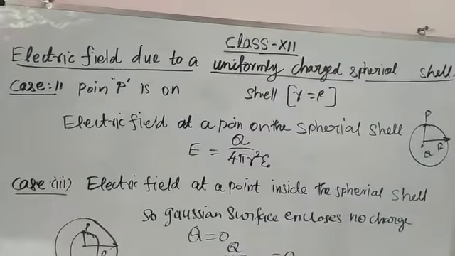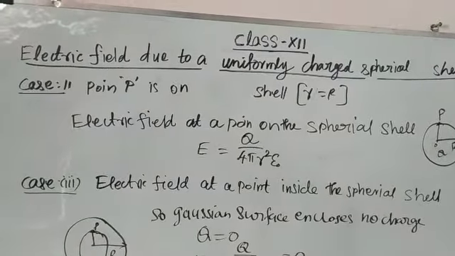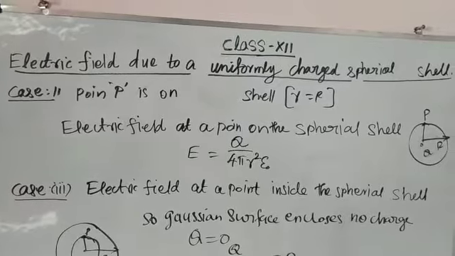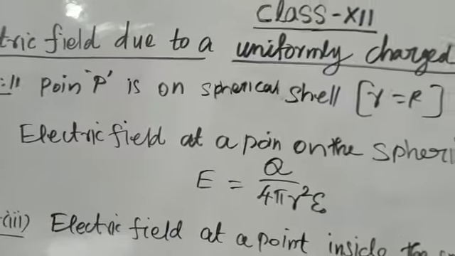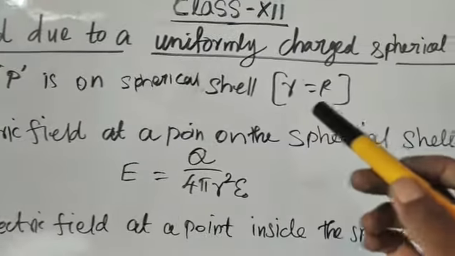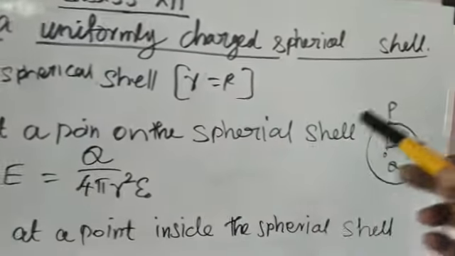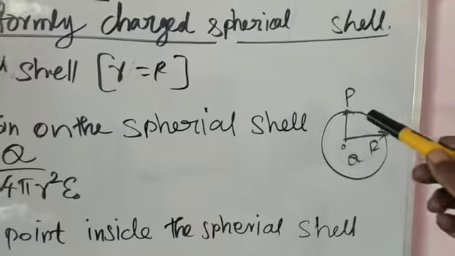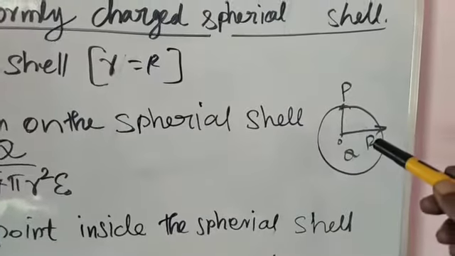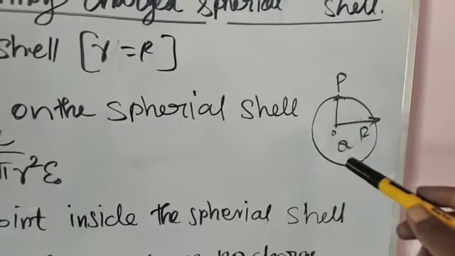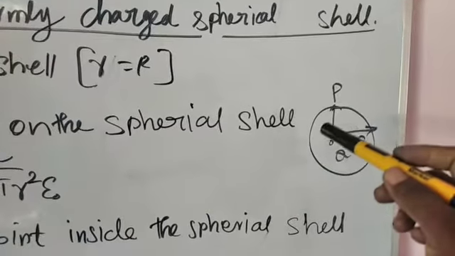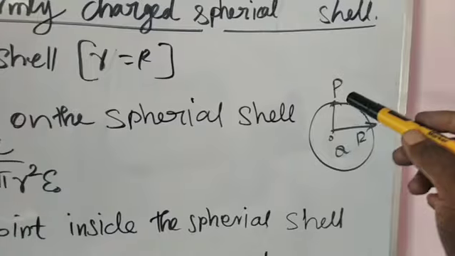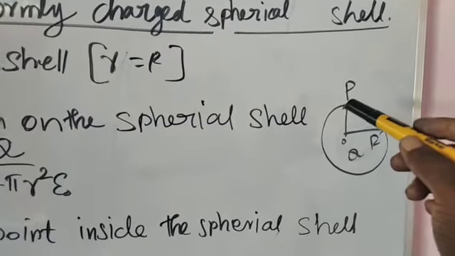Case 2. Electric field at a point P on the spherical shell. So r equals R. Here R is the radius of the spherical shell. Q is uniformly distributed on the shell. P is a point on the shell.